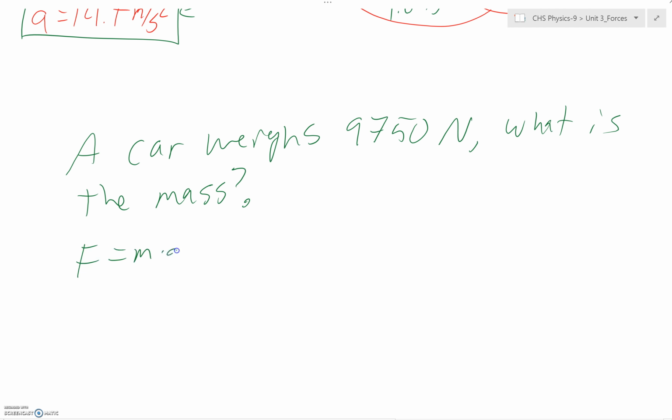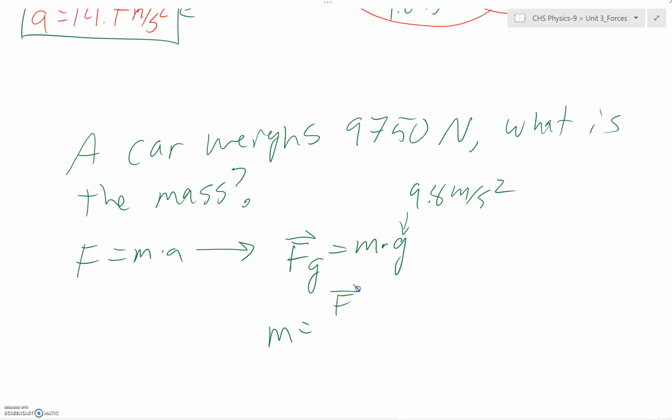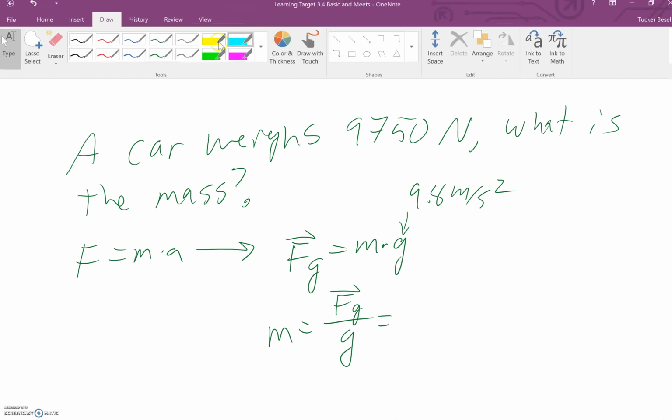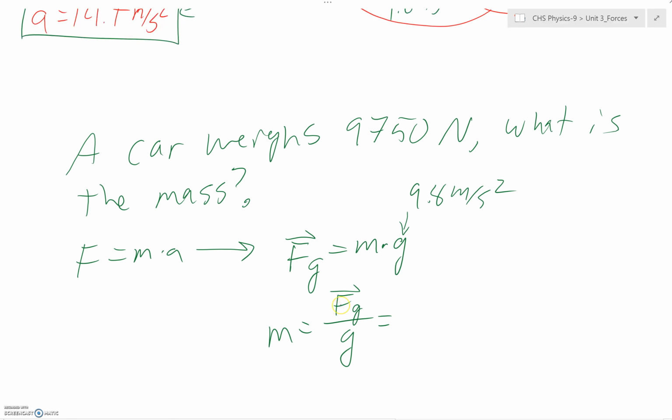We know that force equals mass times acceleration, but more specifically, force of gravity equals mass times gravity, which is 9.8 meters per second squared. If I want to solve this for mass, I end up with m equals, divide both sides by g, the force of gravity or the weight, divided by g equals the mass. Then I substitute in what I know: the weight is 9,750 newtons, divided by g, which is 9.8 meters per second squared.